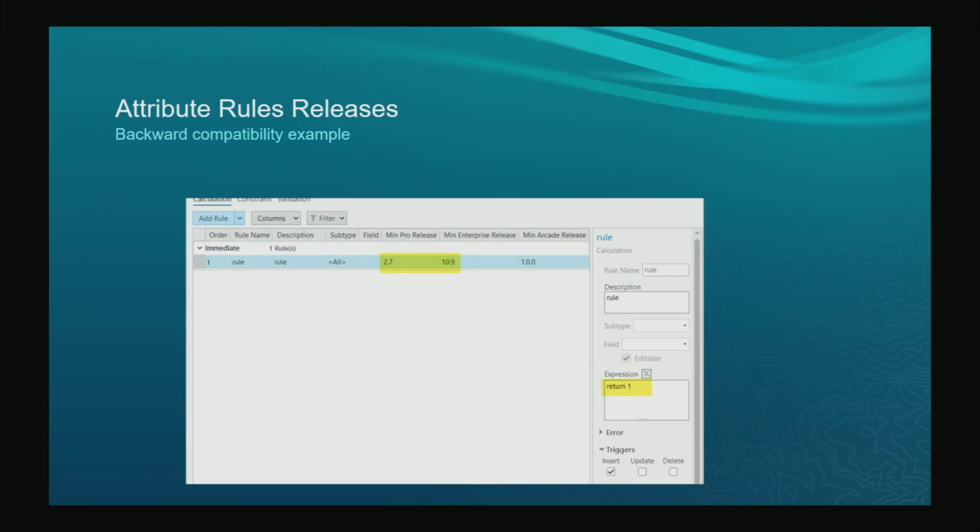Okay, here's another example. You can see that this one is a little bit tricky. I have a simple Arcade script, yet, you see the mouse, right? You can see that the minimum release is actually 2.7 and 10.9. And the reason, despite the Arcade being very, very basic, is this box.